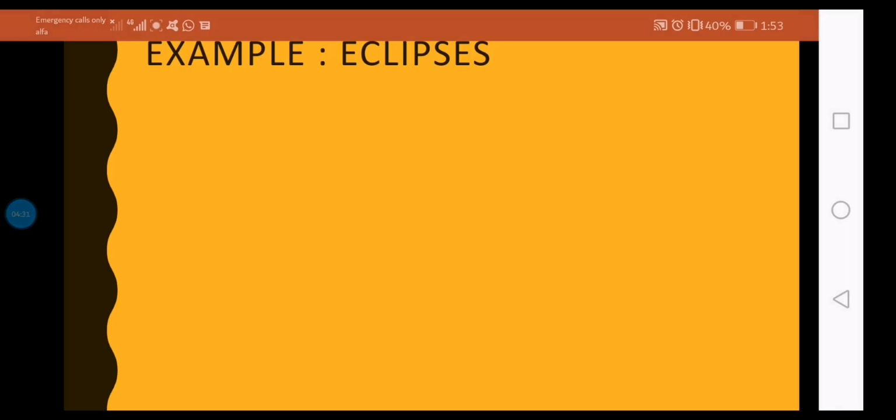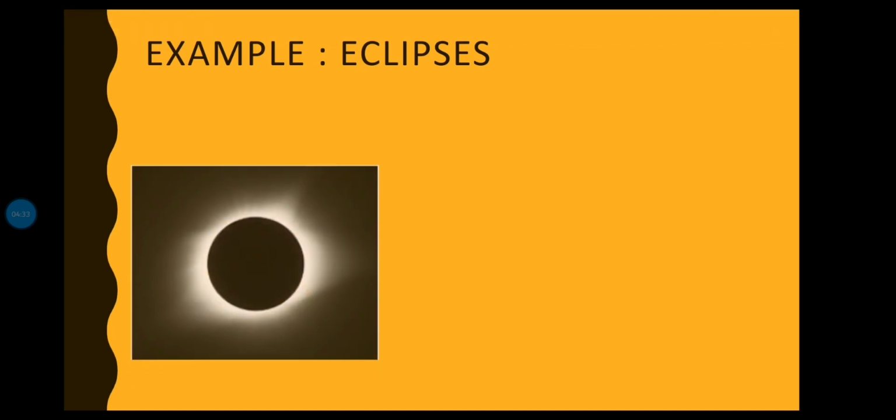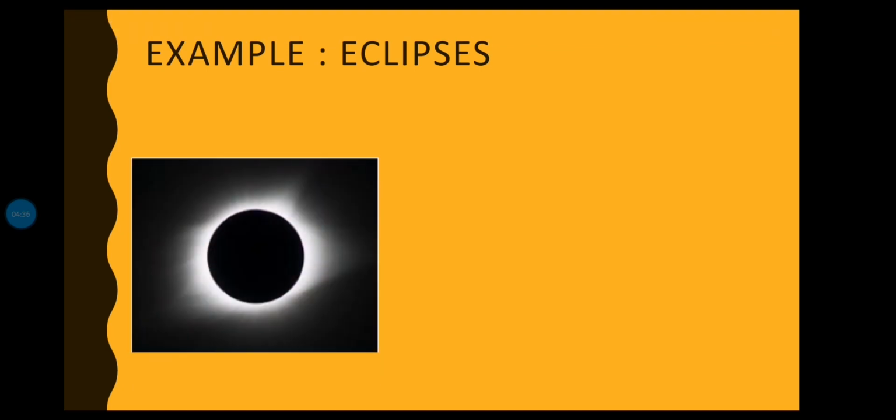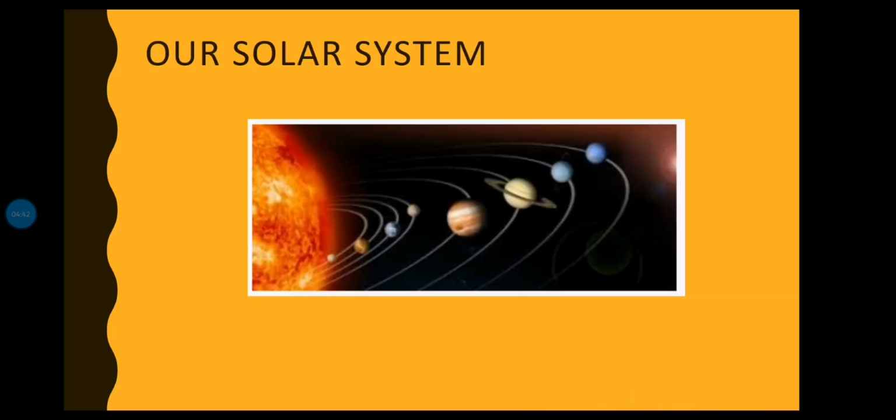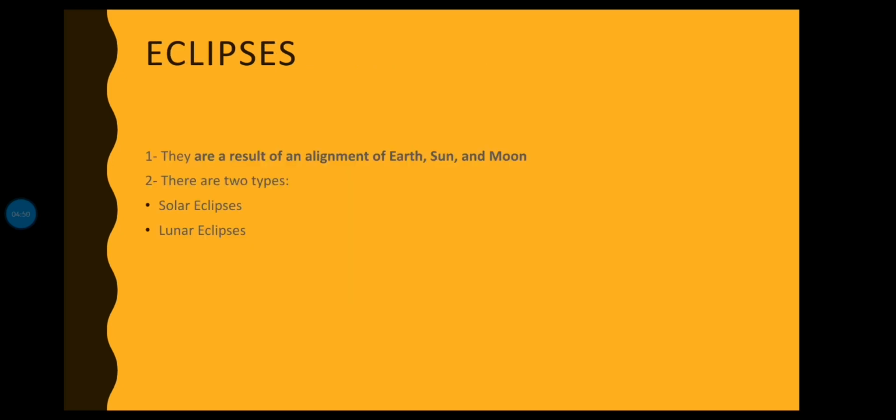Now, one of the most important examples is eclipses. As you can see, this is our solar system, and the source of light is definitely the sun. The eclipses are the result of the alignment of Earth, Sun, and Moon, and we have two types of eclipses, the solar and the lunar.